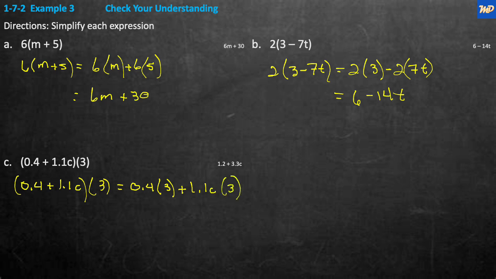And what does that equal to? That equals to 3 times 0.4 is 1.2, okay, plus 1.1 times 3 is plus 3.3c.